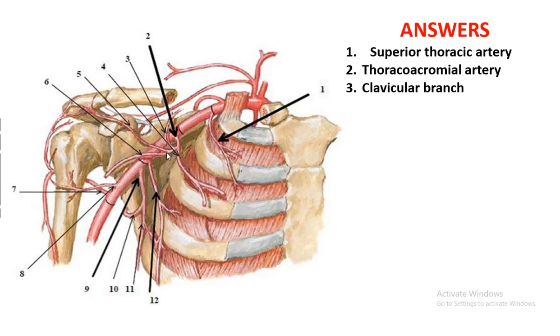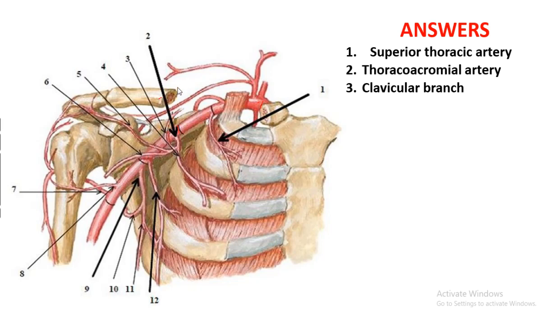And then the other branch you can talk about is the deltoid branch, which is going toward the deltoid muscle. Then the other one is the acromial branch, which is going toward the acromial region. And the other one is the clavicular branch, which is simply going towards the clavicle. This is a clavicle.